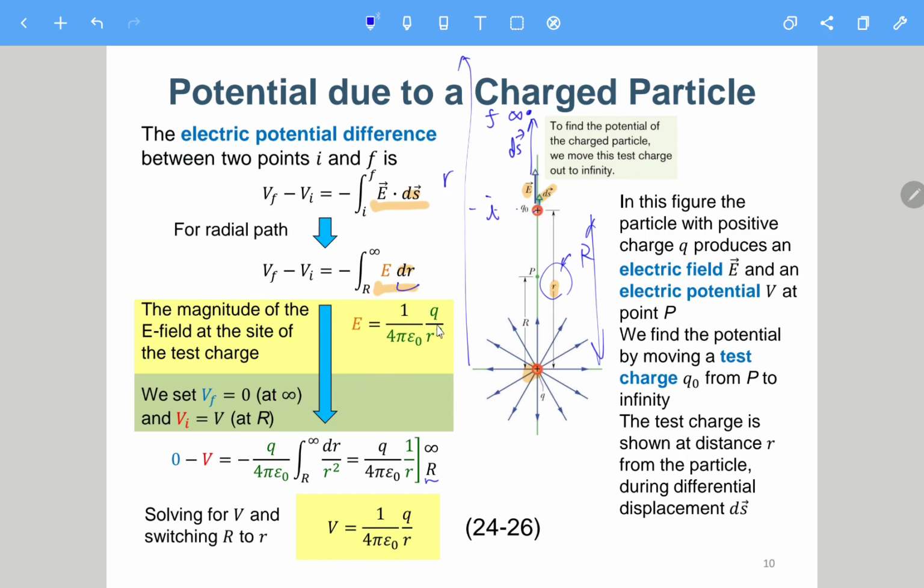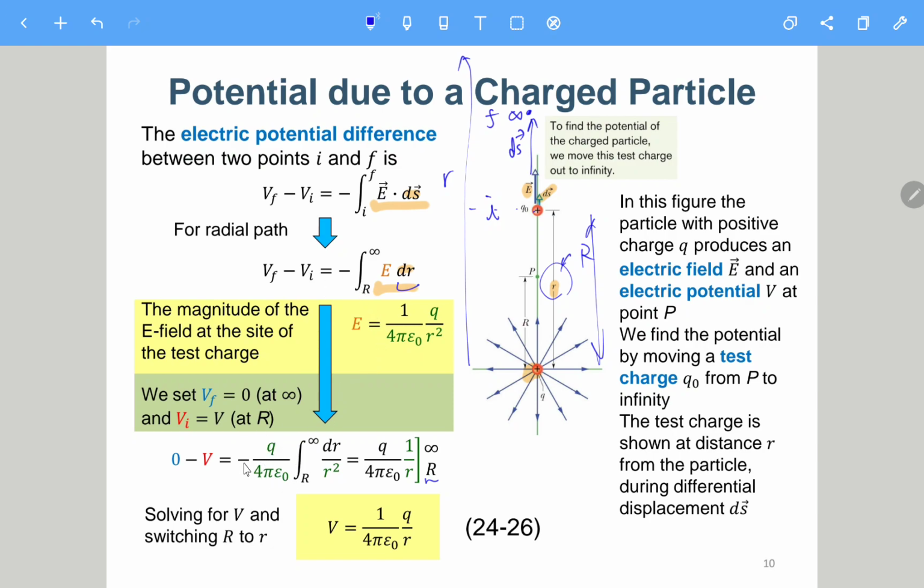Okay, and then you can see this is dr. So all variables other than r can be factored out. So we will have Q over 4 pi epsilon naught going outside.